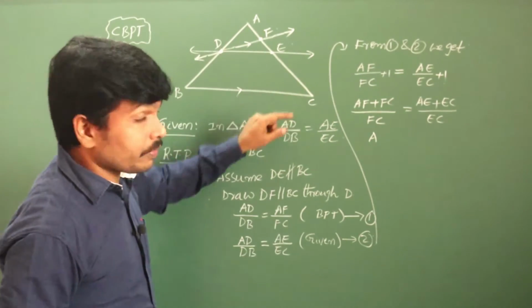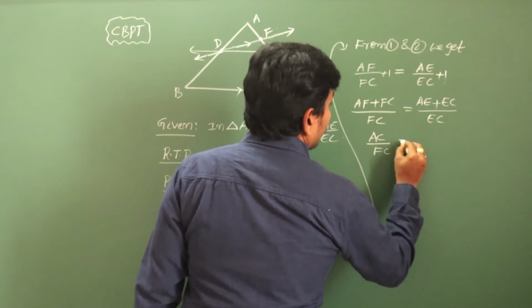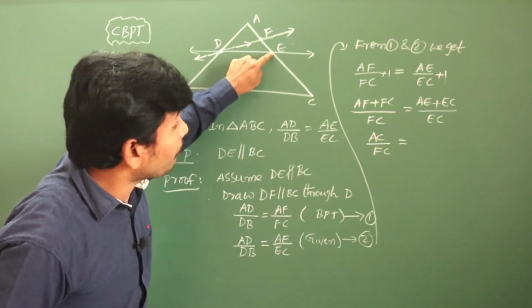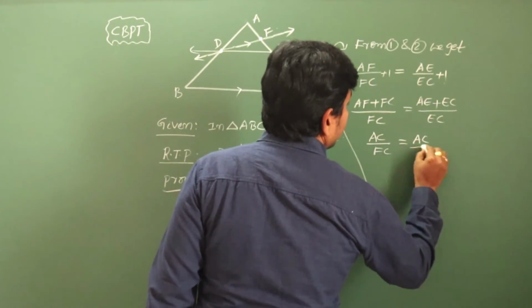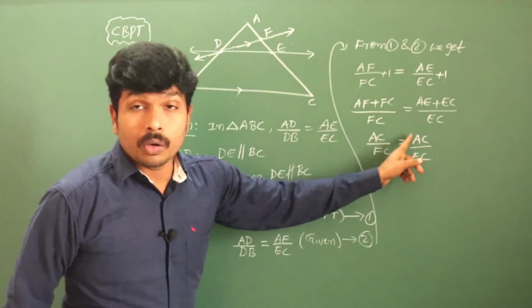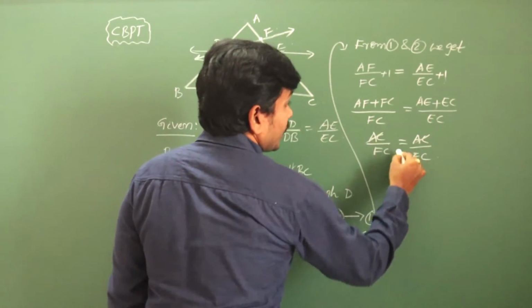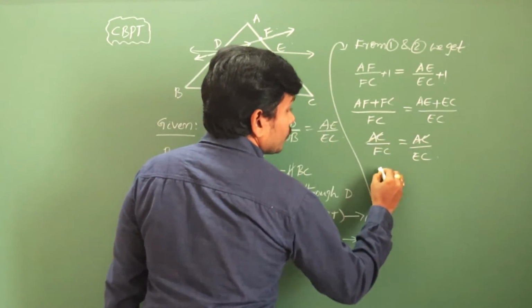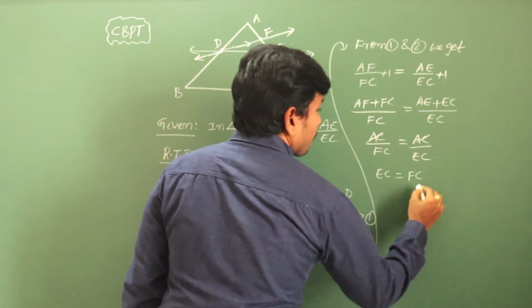AF plus FC is AC, and AE plus EC is also AC. Now AC gets cancelled, and you get EC is equal to FC.